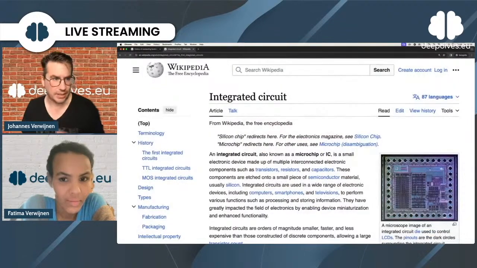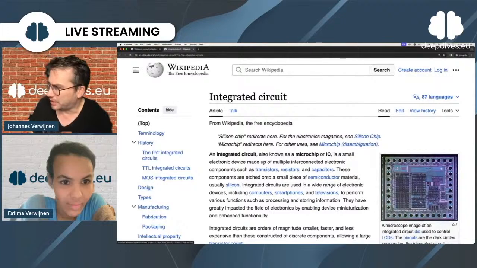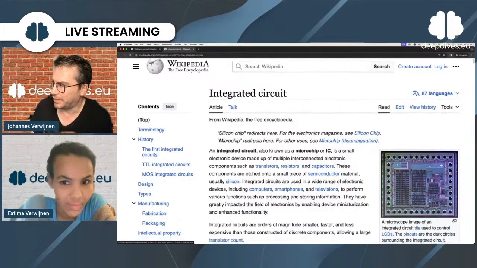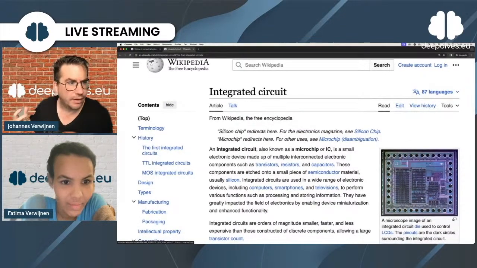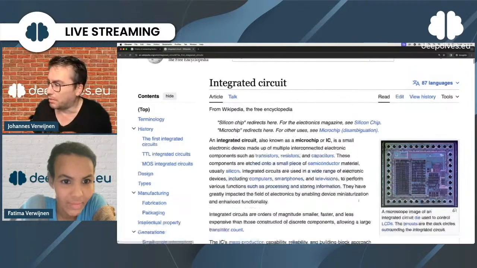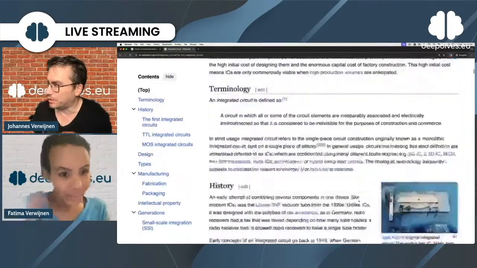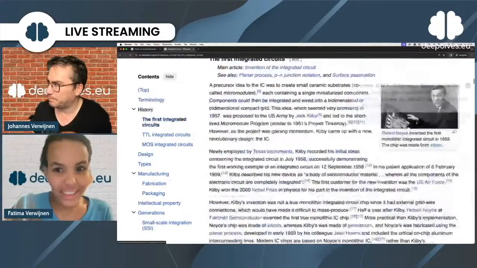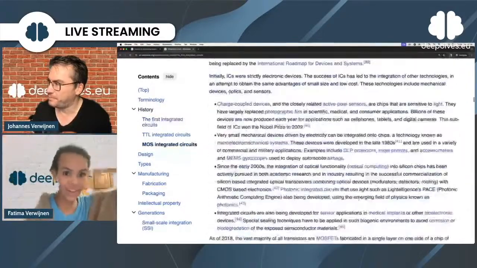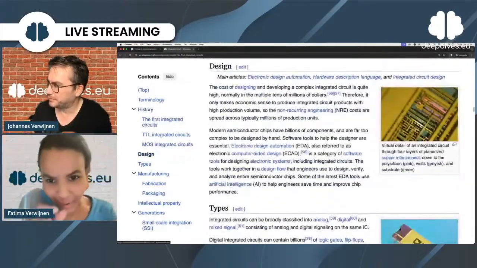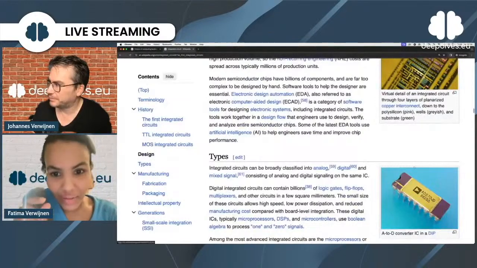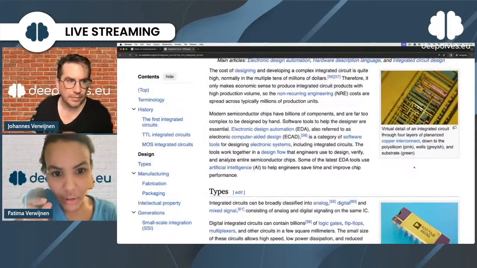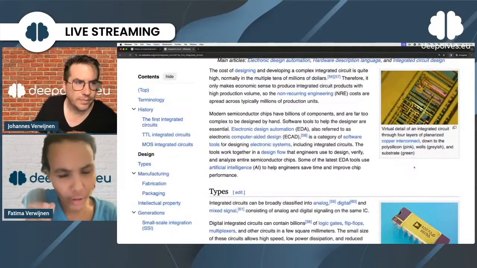Whereas with an IC, it's microscopically available on a chip. You can't even see the individual components with the naked eye. From the 2 meter tall unit, we go to this very small microscopic circuit.